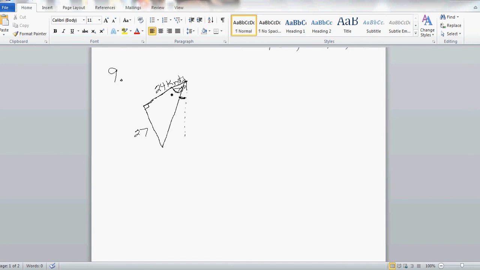So with respect to, let's just call it theta, this angle here, we know the adjacent leg and the opposite leg. That would be the tangent. So the tangent of theta better equal 27 over 24. Or in other words, theta will equal the arctangent of 27/24.